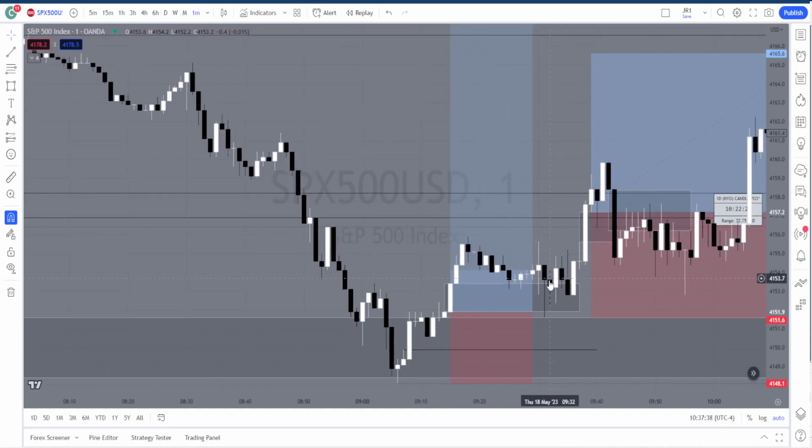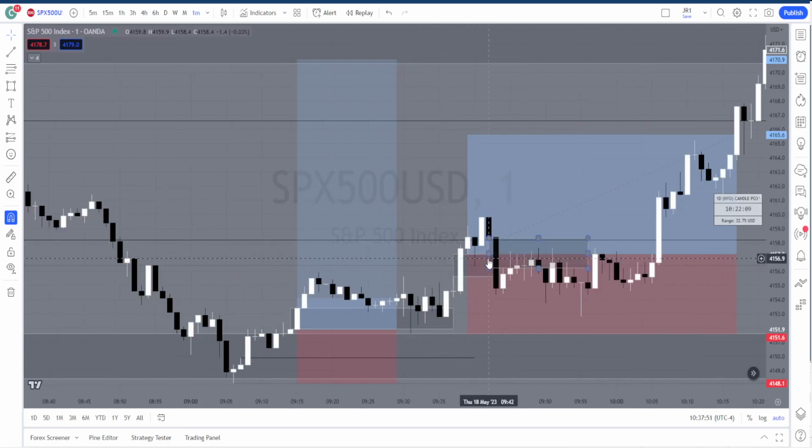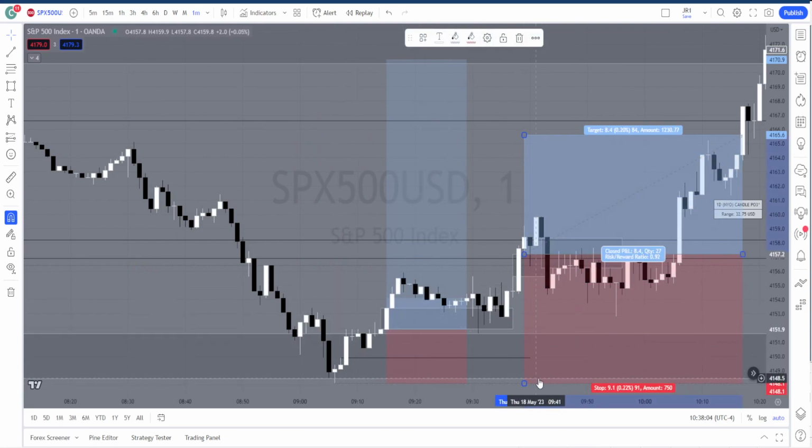And we see price then went higher, created another imbalance, and this is where I entered on this candle here. As you saw, you could go back in the video and look at the MT5, or MT4, sorry. But once it entered, we saw 20 minutes of consolidation. My stop loss was right under here. It never hit it. At first, when I entered the trade, I accidentally put my stop loss down here, so I was risking 1%.